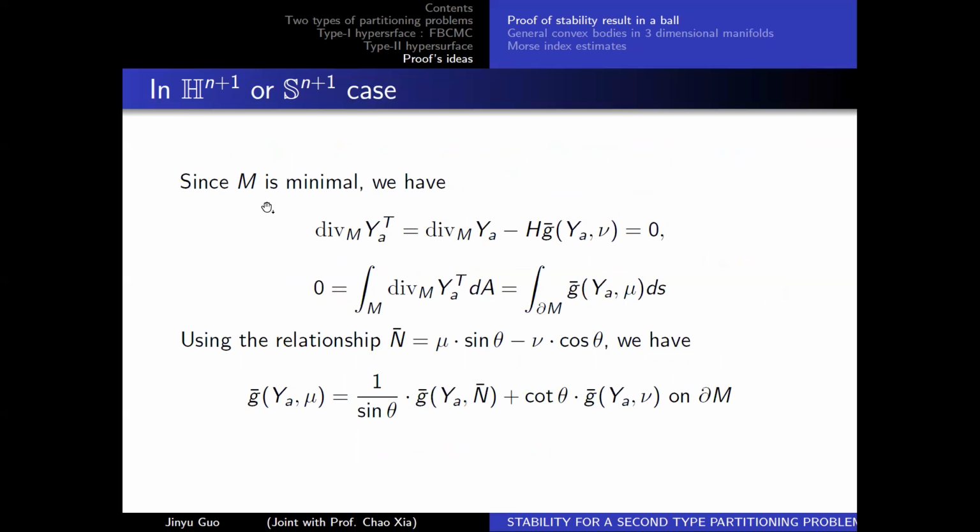Since M is minimal, we have the divergence of the tangent part of Y_A equals 0, because Y_A is a Killing vector field and M is minimal, so H is 0. So we can take integration by parts. We have this one equals 0. Now we can replace the conormal mu by this relationship, and we have the product of Y_A and mu equals this function.